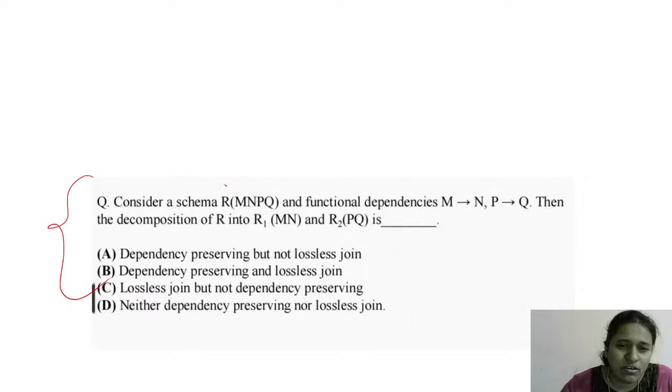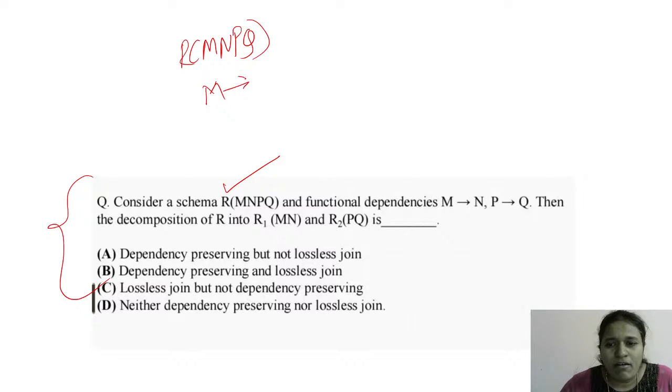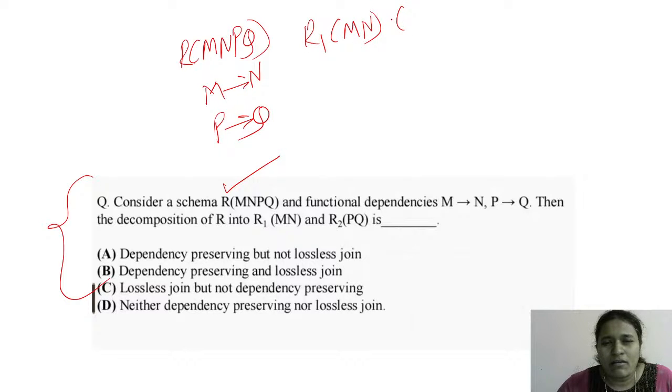This is the next example. We will see, it is very easy. This is a given relation R(M, N, P, Q). M to N and P to Q are the functional dependencies. The relation is decomposed into R1(M, N) and R2(P, Q).